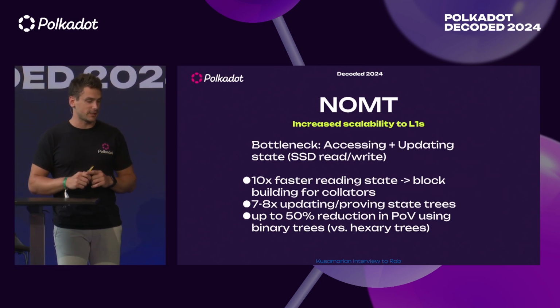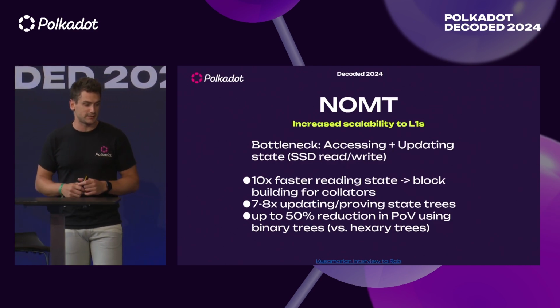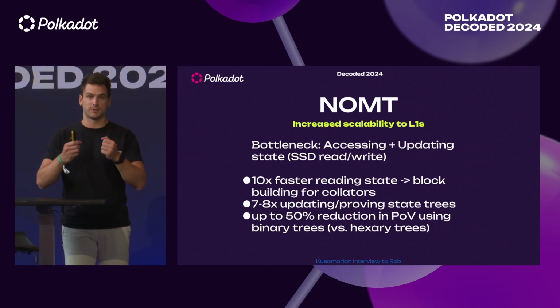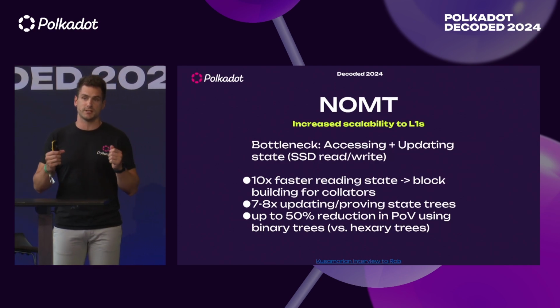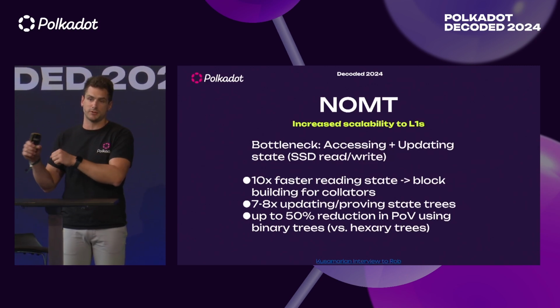It's a little bit complicated, but essentially what it means is that it will provide 10 times faster reading from a blockchain. Currently the bottleneck of blockchains is that the cores do a little bit of computation, then they need to read and write to the SSD of the machines.